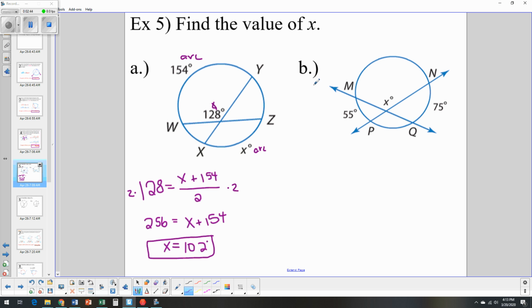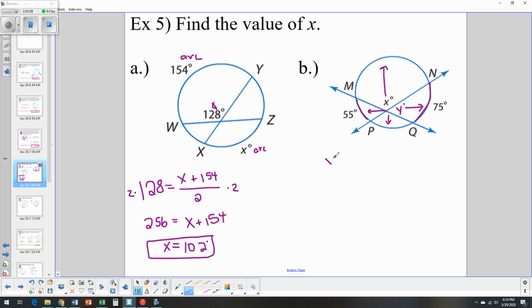B is actually trickier. If you notice this, x is here, and x would really be going with these two arcs. But we don't know them. I know these two arcs. So what I'm going to do is pretend that there was a different variable here, y. And y does go with these two. So I'm going to focus first on finding y.